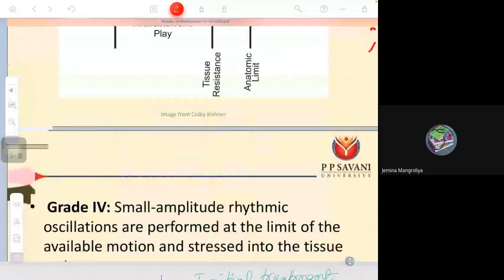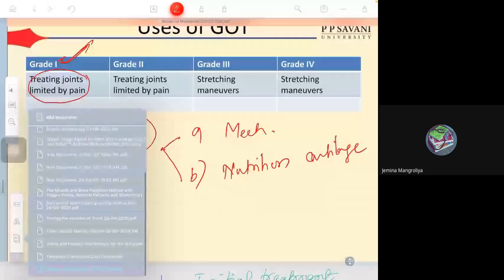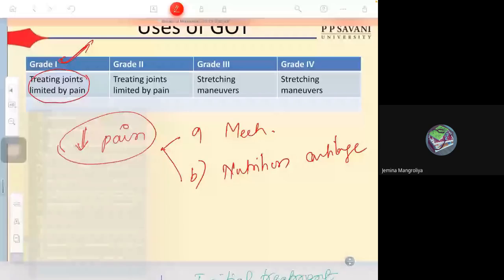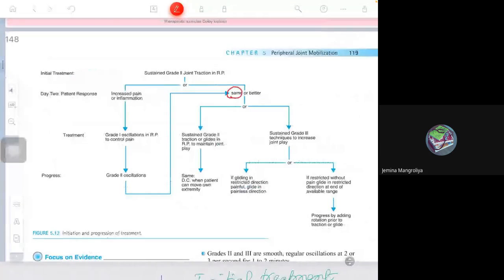Now the pain is same. Now what will I do? I will go for sustain grade 2 traction.